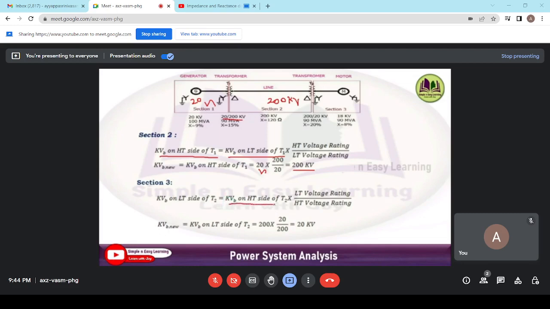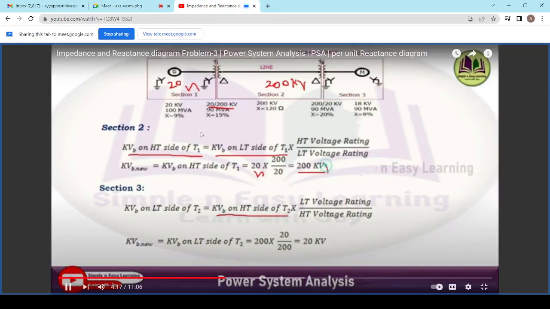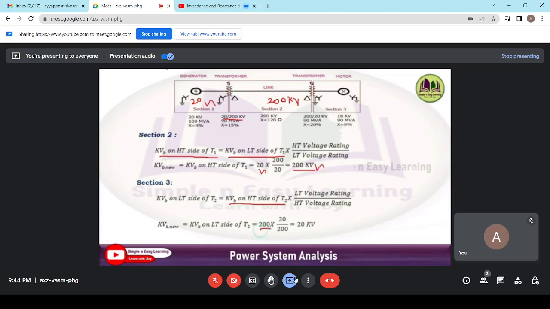You know the base kV on the HT side of transformer T2: just now we found that it is 200 kV. You can substitute that with the rating of transformer T2, 200/20, so LT side is 20 divided by HT side 200. So you will get 20 kV as the answer. These are the base kV for the three sections.